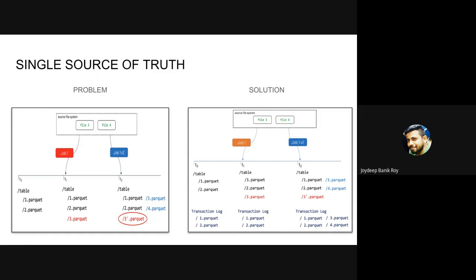What would you do? You would go to the transaction log, and you would not go to the path and read all the files from there. If you did that, you would read all the files, including the corrupt 3.parquet. Rather, you would read the transaction log first, get the names of the parquet files from there, and then read them from the GCS path. I put this problem so that the intuition is there.